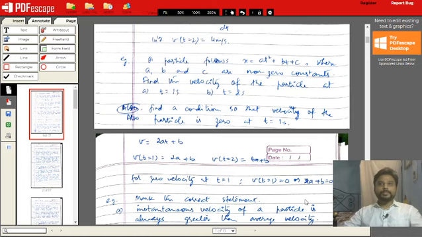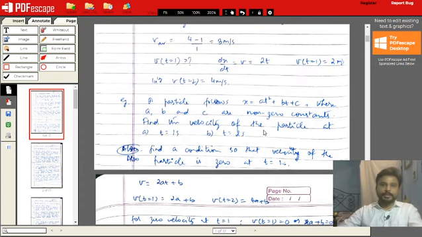So then we did some examples in which we saw that we have to substitute the value of time in the velocity to get the velocity at that instant. For example, if we just look at these examples, velocity at t equal to 1 and t equal to 2.